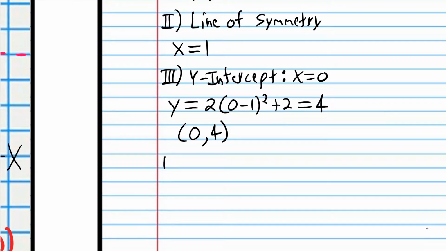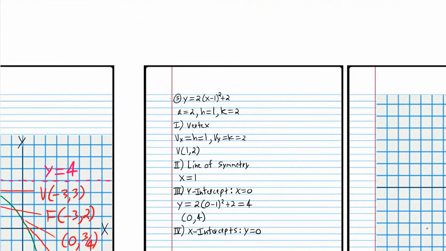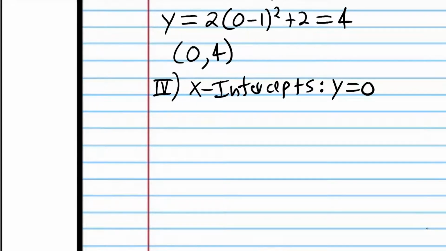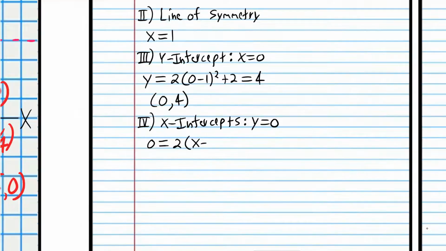So now we go to the x-intercepts. To find the x-intercepts, we just let y equal 0. So we have 0 is equal to 2 times (x minus 1) squared plus 2.